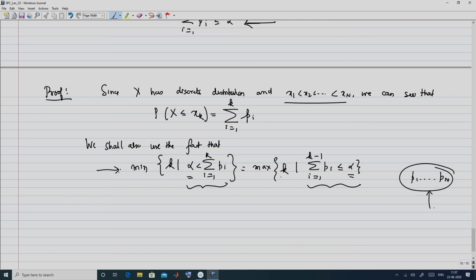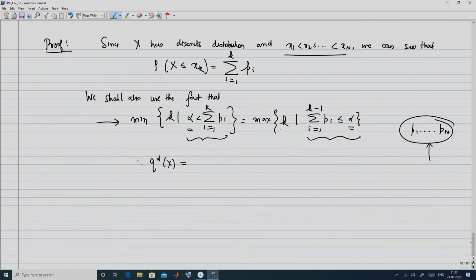So, once we have identified this fact, we are now in a position to calculate the upper quantile, which can then be used to calculate the value at risk. The upper quantile by definition is the infimum of all those x such that alpha is less than the probability of X less than or equal to x, and this is nothing but the smallest.